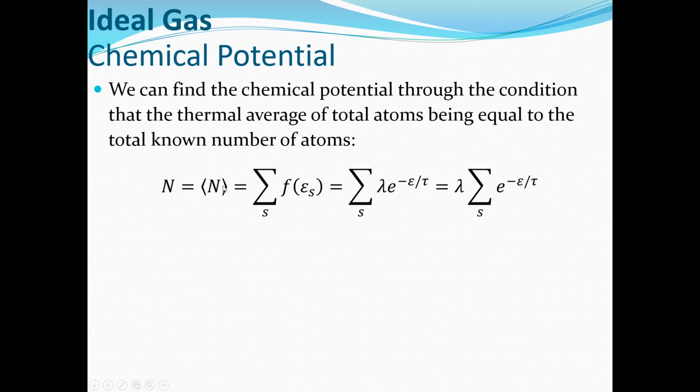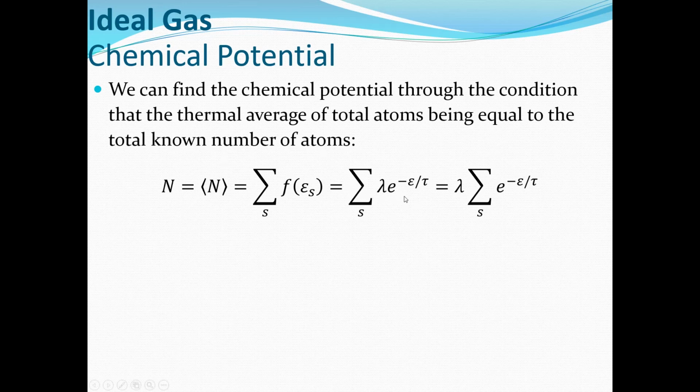Now we know that the total number is just going to be the sum of this occupancy number. That makes sense. The occupancy number for every energy state is just the number of particles in each energy state, and the total number should just be the sum of all those values.